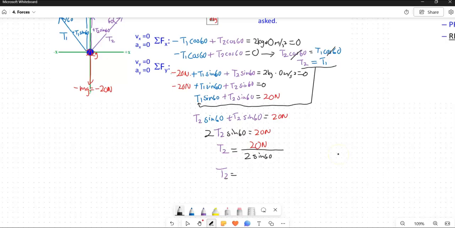So T2 is equal to 11.55 newtons. And since T2 is equal to T1, they're both equal to 11.55.